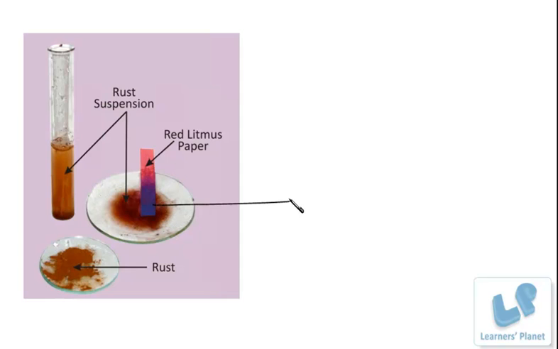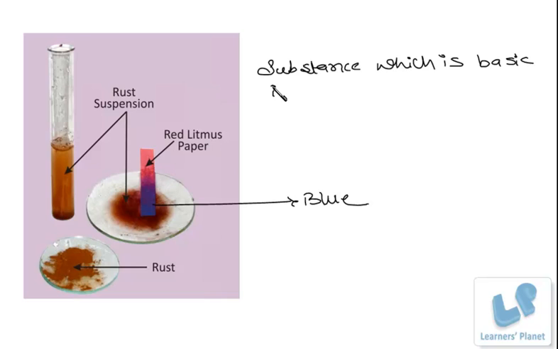This red litmus paper turned blue. It indicates that rust consists of a substance which is basic in nature, because bases turn red litmus blue, right? So what is rust consisting of? It consists of ferric oxide and XH2O.